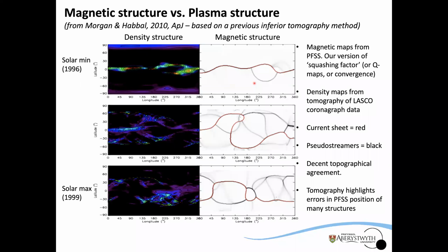It's basically a measure of how widely separated field lines at the photosphere come to join a point in the corona. So regions where field lines have come from widely separated regions have a high Q value and are expected to correspond to high density features.